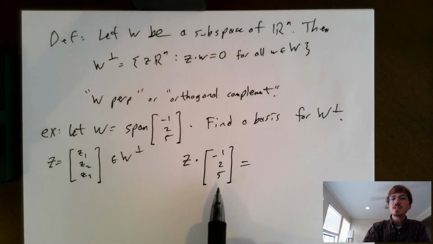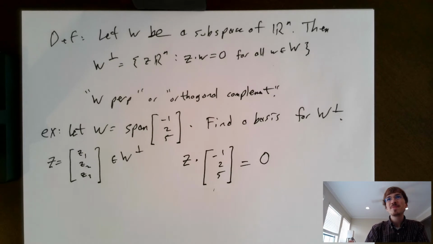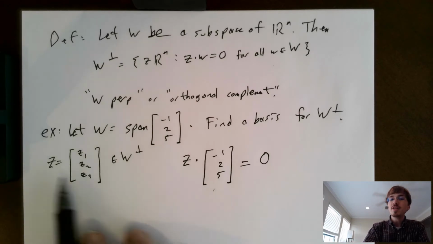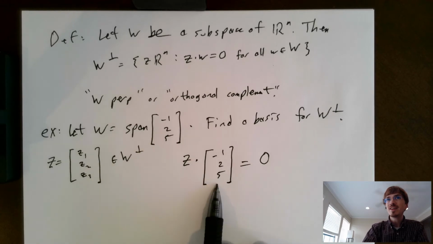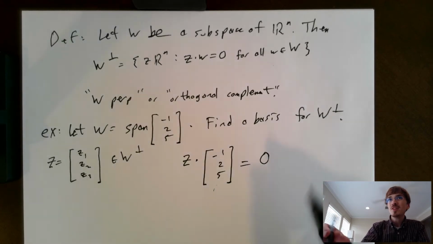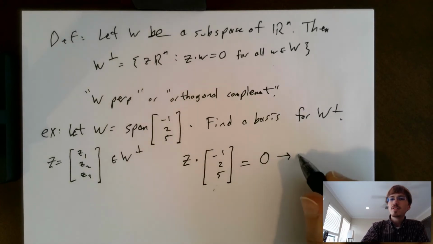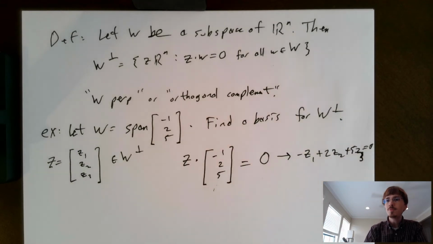So z dot the only basis vector for the subspace, which is this vector, has to be 0. We want to find a basis for the set of all z such that z dot the direction vector -1, 2, 5 is 0. Let's write out what this means. This means that -z1 plus 2z2 plus 5z3 is 0. Sorry about my handwriting here.